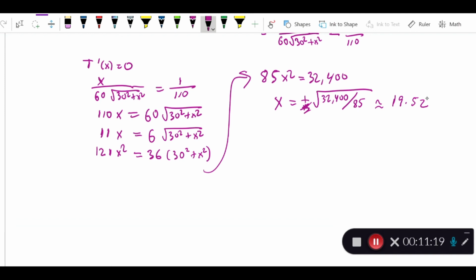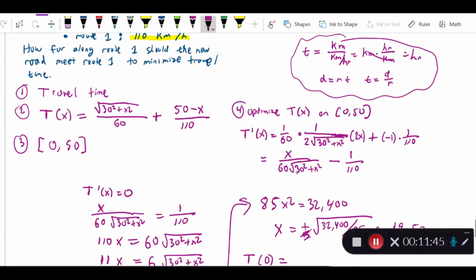So what I want to do now is calculate T at the endpoints and at the critical point. This is the critical point, x equals 19.52, and T of 50. I've calculated what happens when you take this objective function, which is kind of complicated.